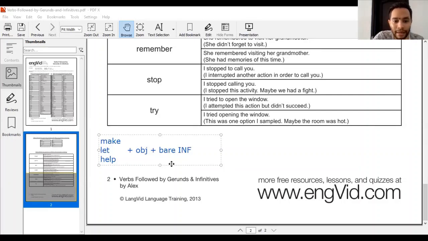Do you know what this is, guys? Bare infinitive. See, watch can be possible here and here. Plus object. Now plus ing.